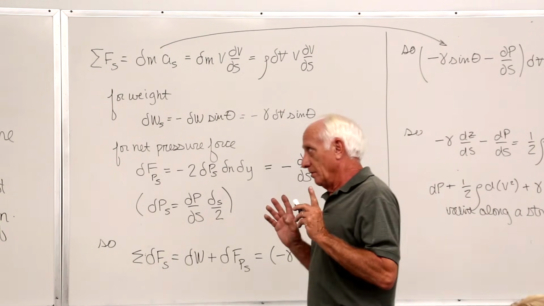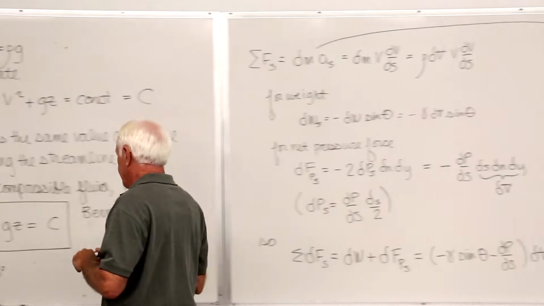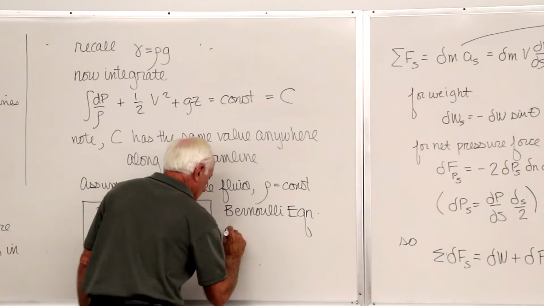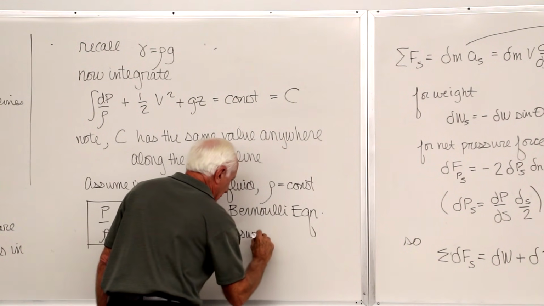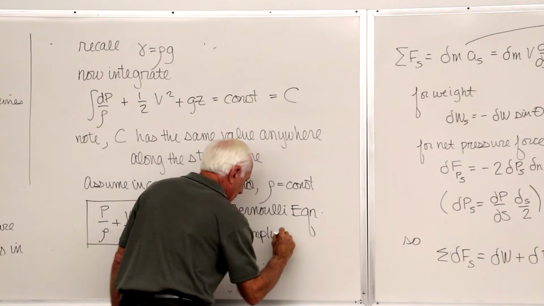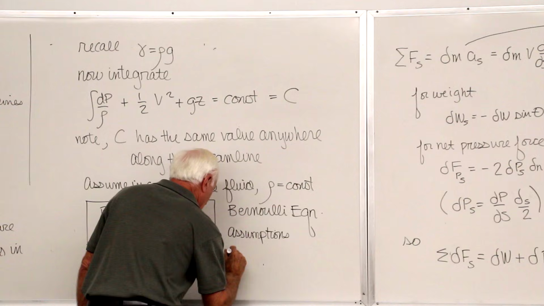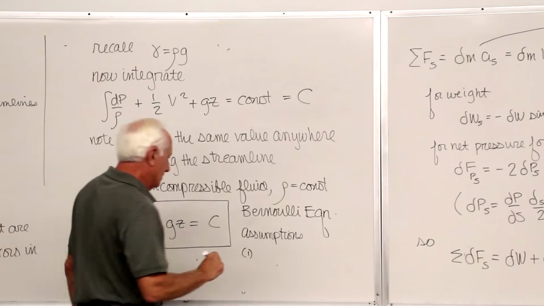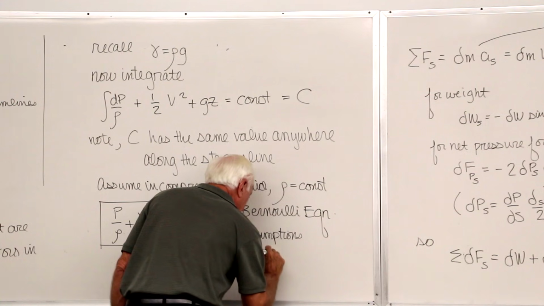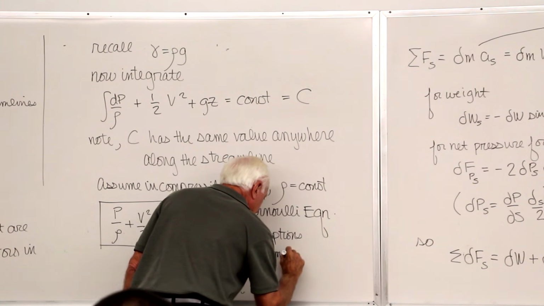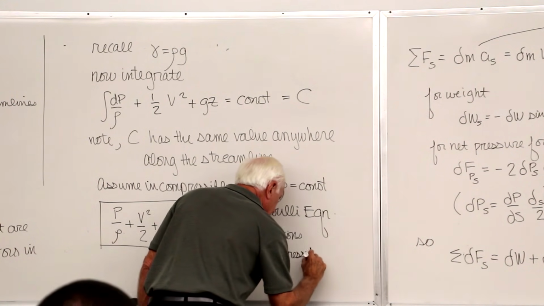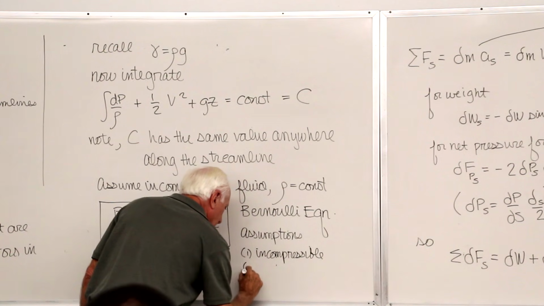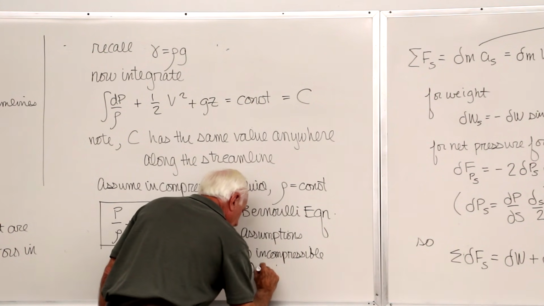You have to remember the assumptions. We pulled rho outside, so incompressible. We said early on, inviscid.